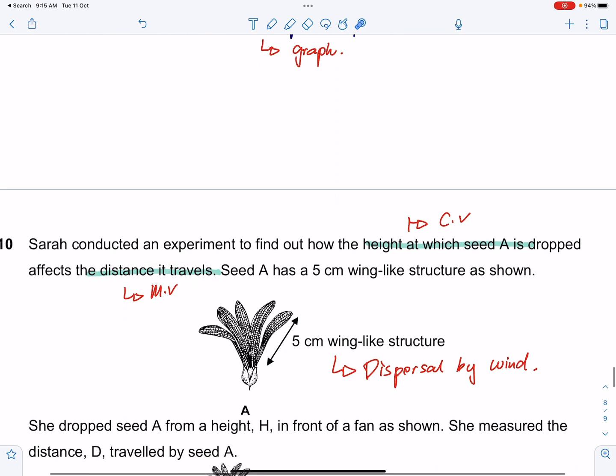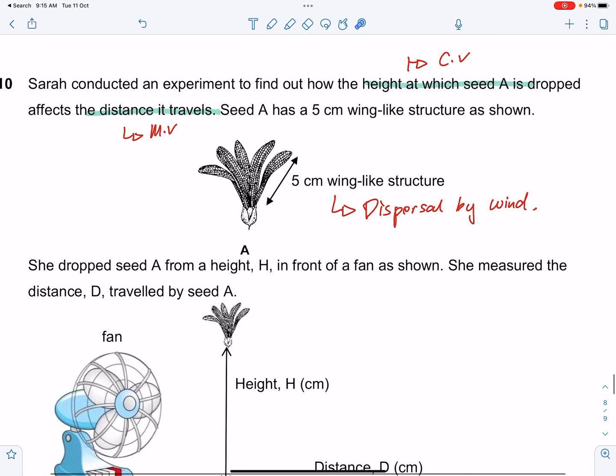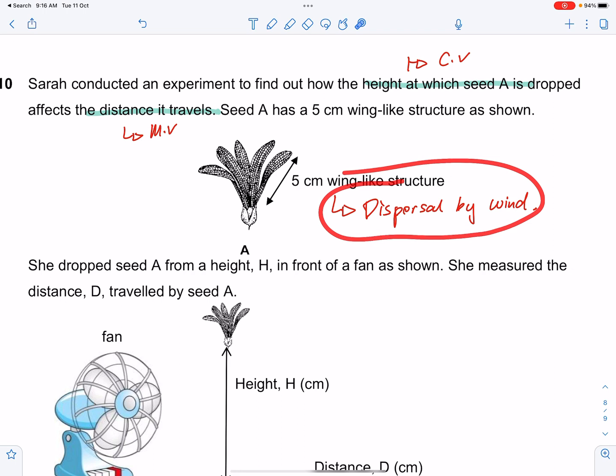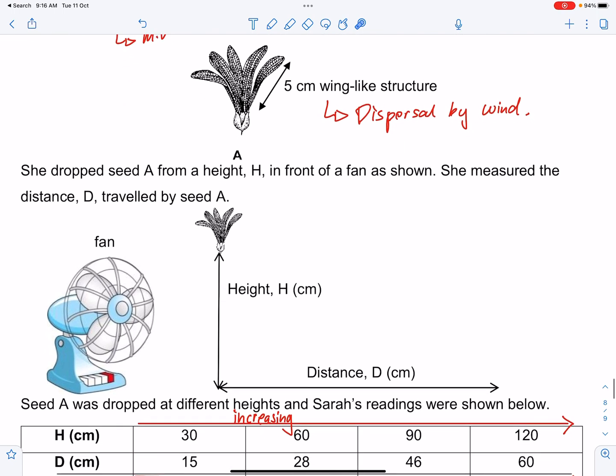Okay, CA has a 5 cm wing-like structure as shown below. Okay, so because it's a wing-like structure, I know that it's dispersed by wind. So I'm going to just annotate it here. Now when she dropped it from a height, she measured the distance traveled. That's what she did.